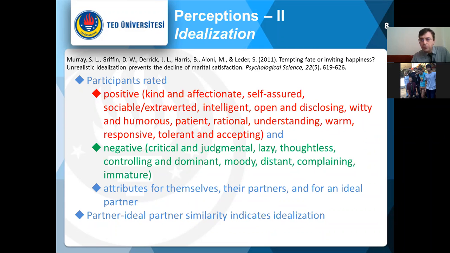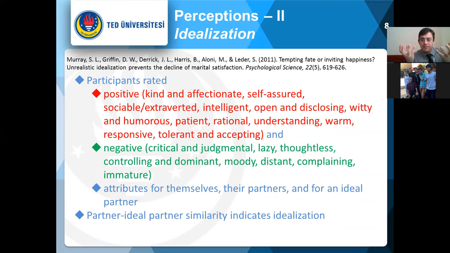If you would like to observe whether there is an idealization or not, we should have an independent measurement of idealization. We can achieve such a measurement through measuring what your ideal partner schema is, and also measuring how you would evaluate your partner.